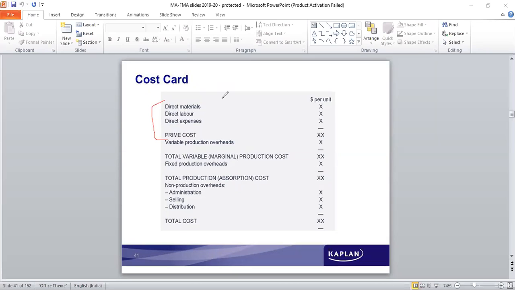For example, repairs, maintenance, stores department, canteen services, welfare charges, heating, lighting, material movement, assembly of the parts, inspection. There are so many examples we can put. So what has to be done? Individually, each of them has to be divided and distributed, but they are not doing so.